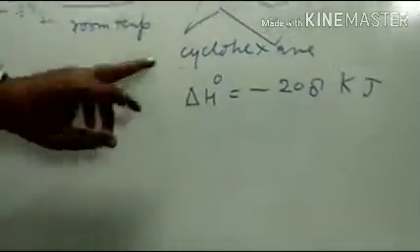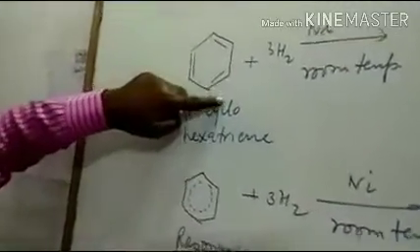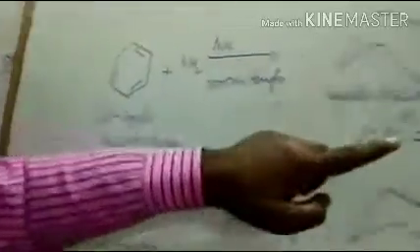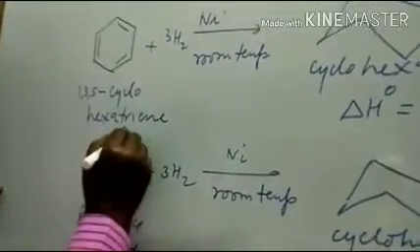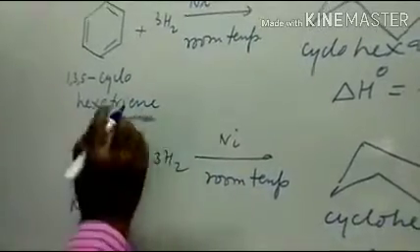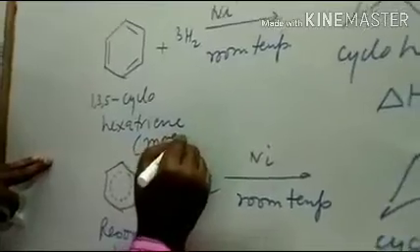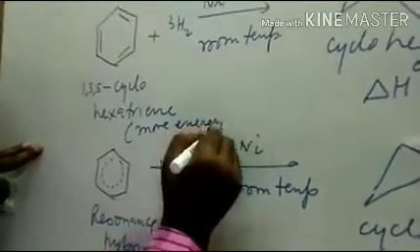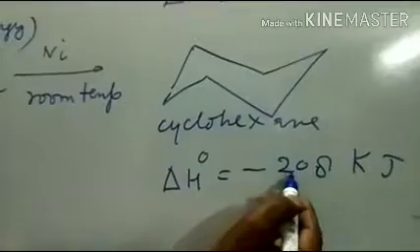This observation states that the heat of hydrogenation in the resonating structure of benzene comes to be more, 360. It means it has more energy. And the actual molecule of benzene, which is the resonance hybrid, gives a lesser amount of heat energy, which is 208.